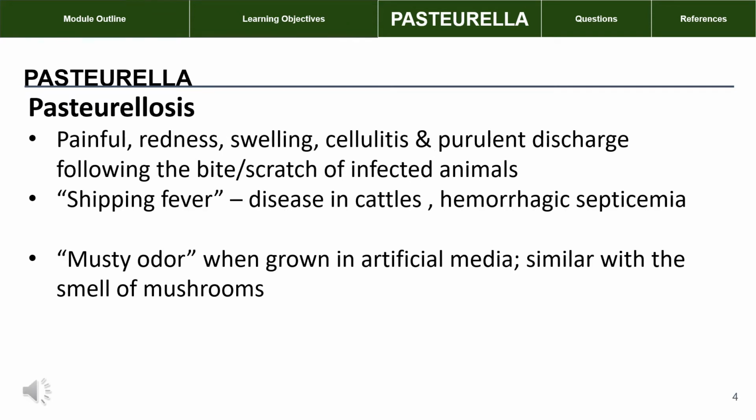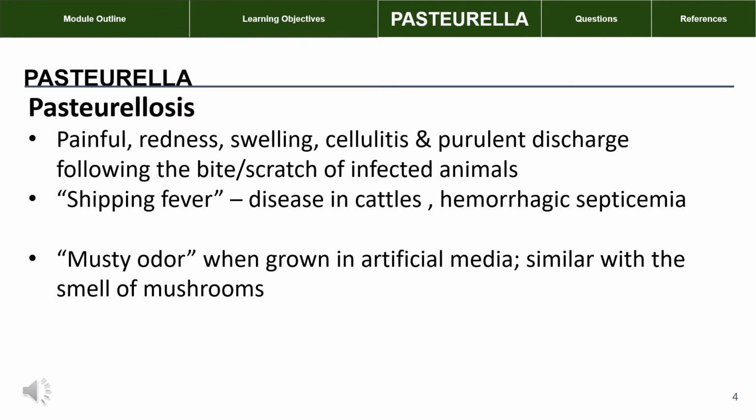The disease associated with this is pasteurellosis. It is described to be painful, and it has redness, swelling, cellulitis, and purulent discharge following the bite or the scratch of an infected animal. This is also known as shipping fever when we call it a disease in cattle.